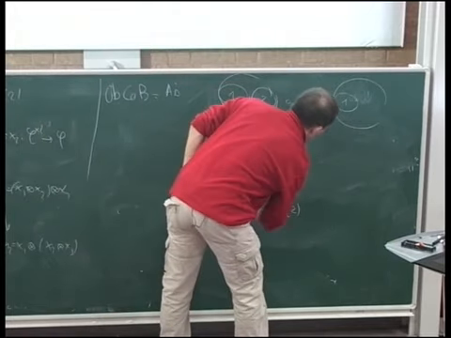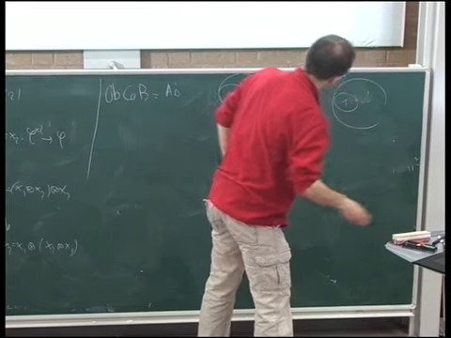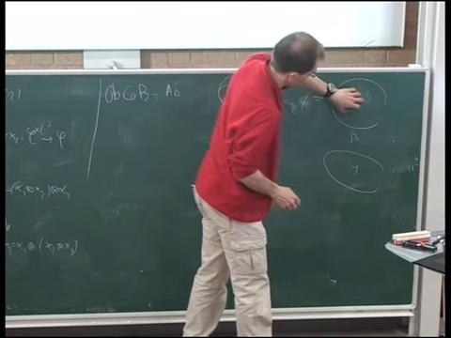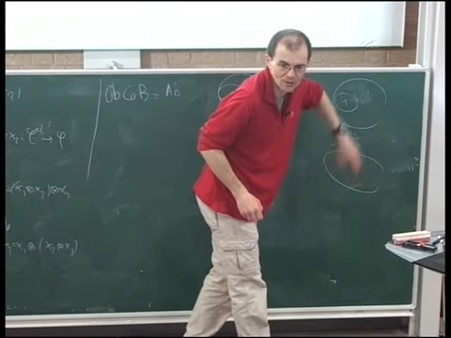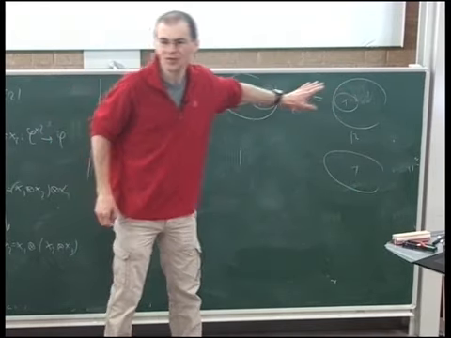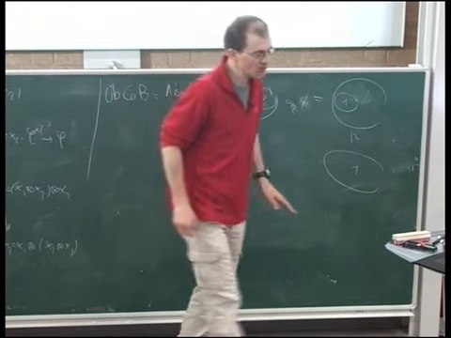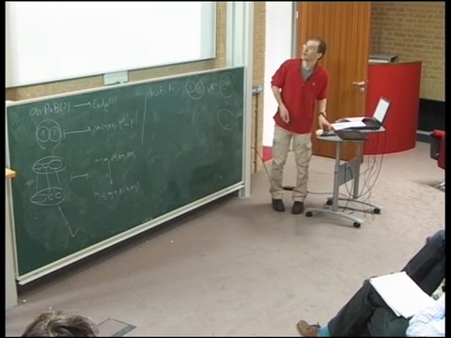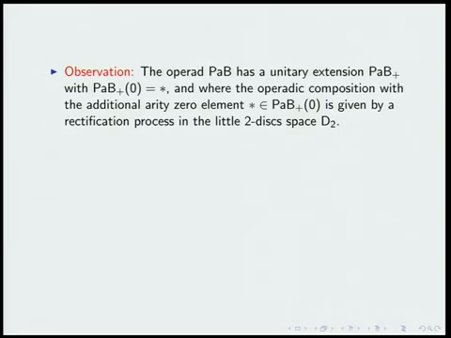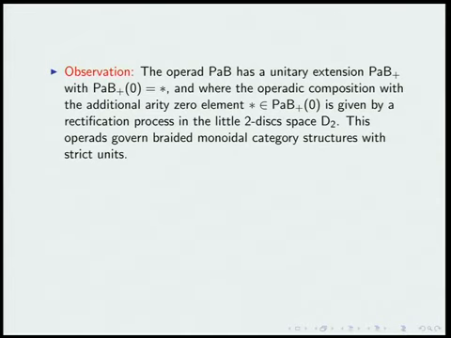So what I can do actually is to replace this configuration of little disks by a canonical path in the fundamental groupoid of D2. So in some sense you can rectify the units in the fundamental groupoids to get this operad, which I denote by PAB plus, where you have a unique element in RT0, the same object sets in RT larger than 0, and you can extend the statement.